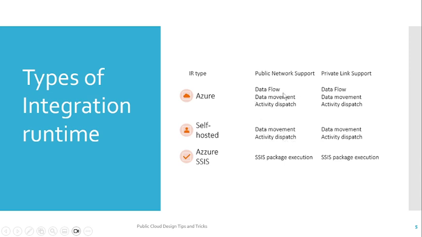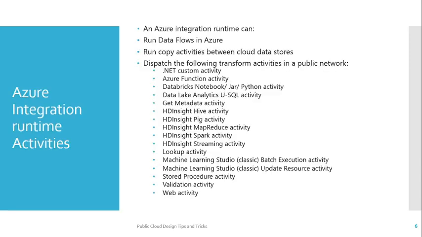It doesn't support data flow, and it also supports private link endpoint integrations. And the last one is Azure SSIS. SSIS is also managed by Microsoft Azure, and we will cover Azure SSIS and self-hosted in the successive videos. So today we are going to focus on the Azure managed integration runtime.